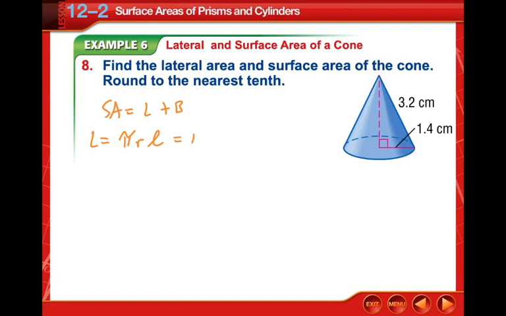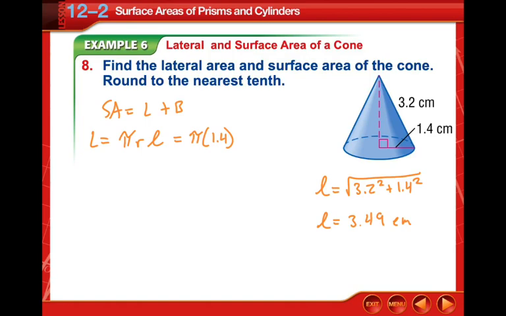So pi times 1.4, and we're missing our slant height, so we need to find that. That is going to be square root of 3.2 squared plus 1.4 squared. So that is 3.49 centimeters.